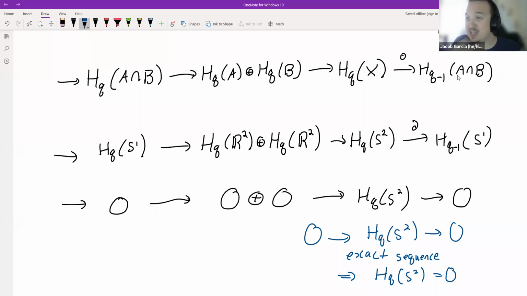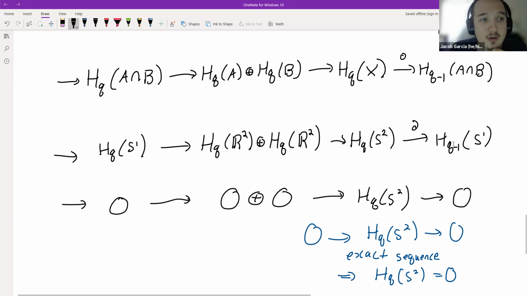The image is equal to the kernel. The image being 0 says that the second map is injective. But the only way that I can inject a map into the trivial group is if the group is trivial. So the group is trivial.